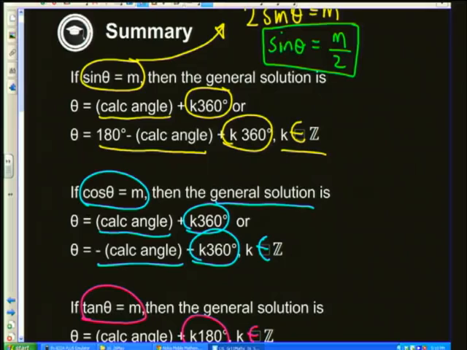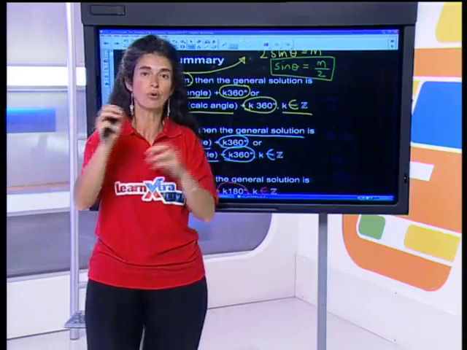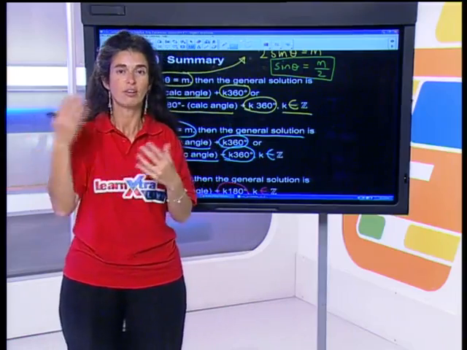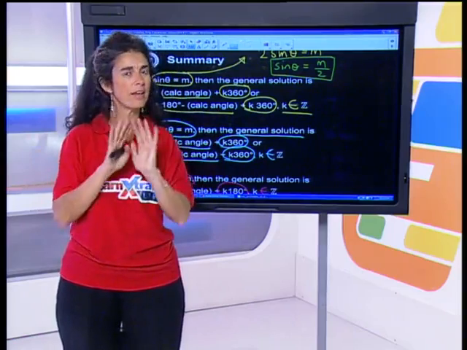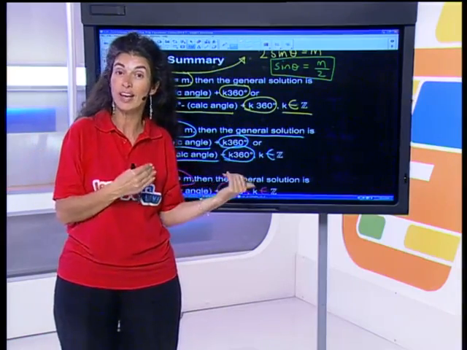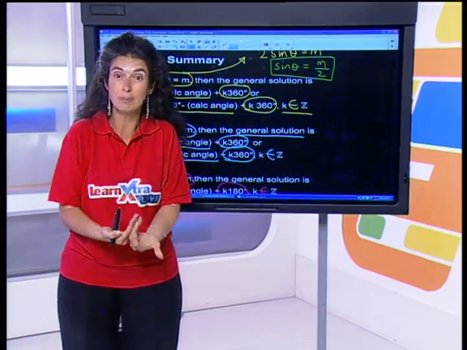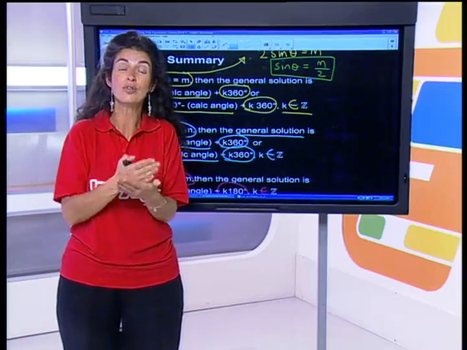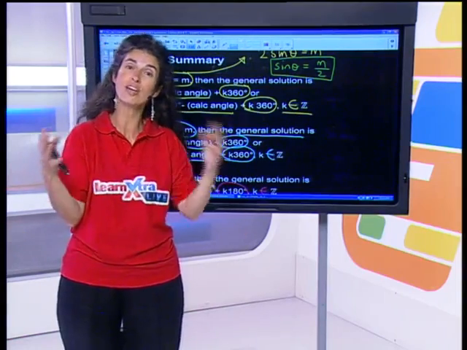Now, grade 11s, I know there are many of you out there who have teachers who are teaching you, or you're working with books that are teaching you how to work within the quadrants. Nothing wrong with that. I'm giving you today an alternative, which to me makes a lot of sense, and it's quite simple in nature, because you use the same formulae no matter whether the ratio is positive or negative.